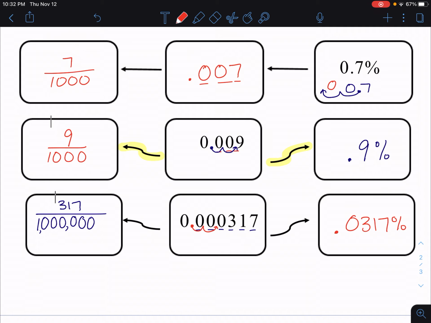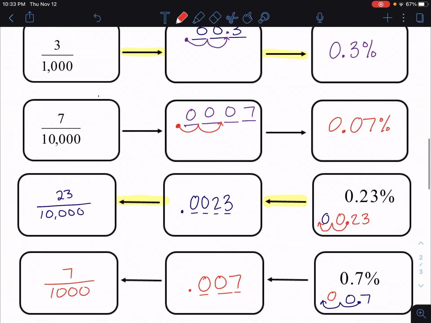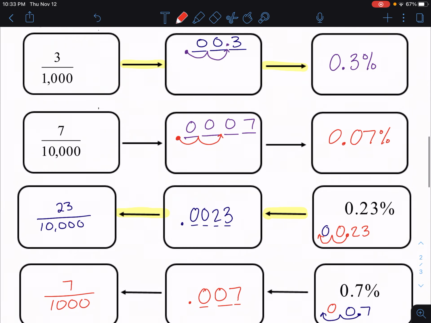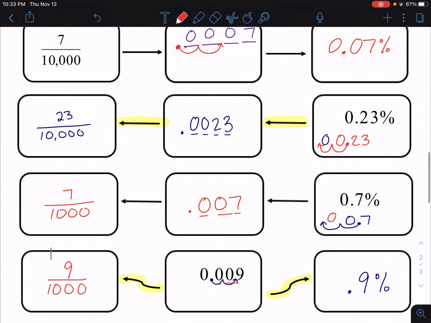This entire backside is all percents less than 1. So if I look at every percent down the right-hand side, 0.3, 0.07, 0.23, everything is less than 1, super teeny tiny percents. So my fractions are going to be over very large denominators because they are very tiny numbers.